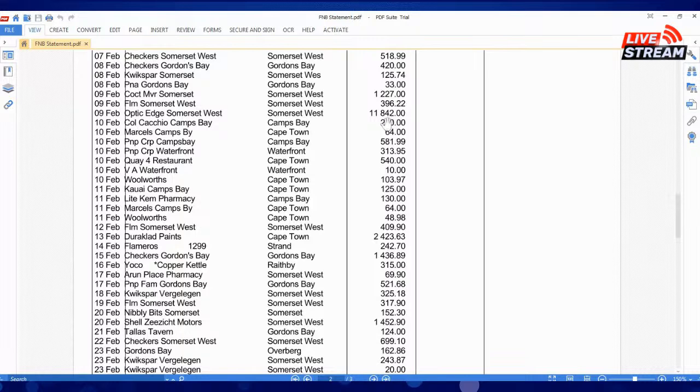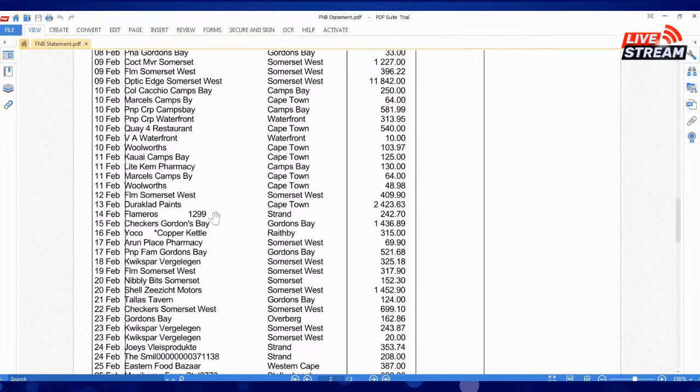Geographically, the expenditure has moved to a different portion of the country. So something happened here, and that is something that you could investigate, because it might very well be that the respondent went on a weekend away. So who did he go with? Why was it necessary? Those are all things that you could ask during a cross-examination.